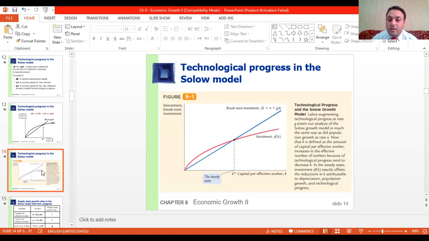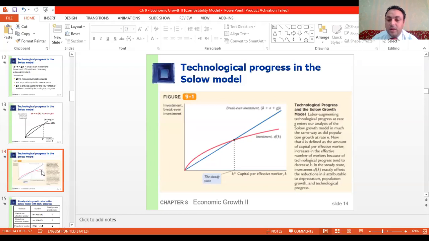So now k, the capital per worker, is defined as the amount of capital per effective worker, as we are talking about the efficiency of labor.